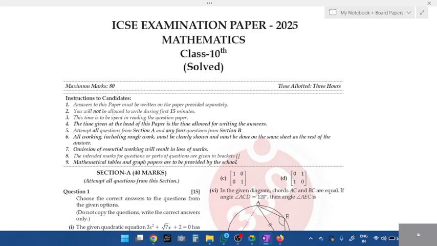Cherisha, Joanna, Adia, Naomi, write in a separate book, students.